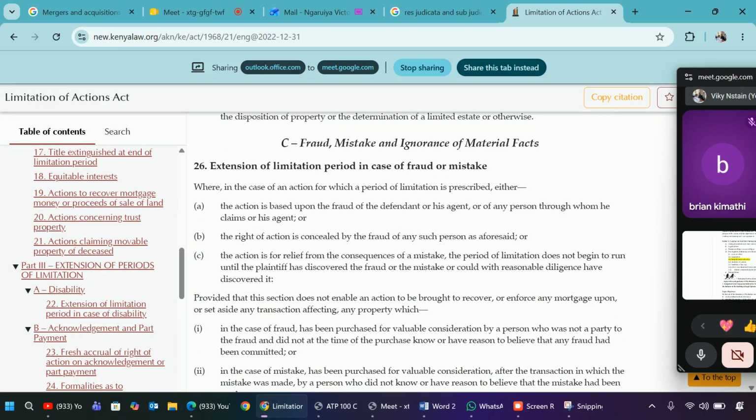There are various angles where section 26 allows for extension of limitation period in case of fraud or mistake.